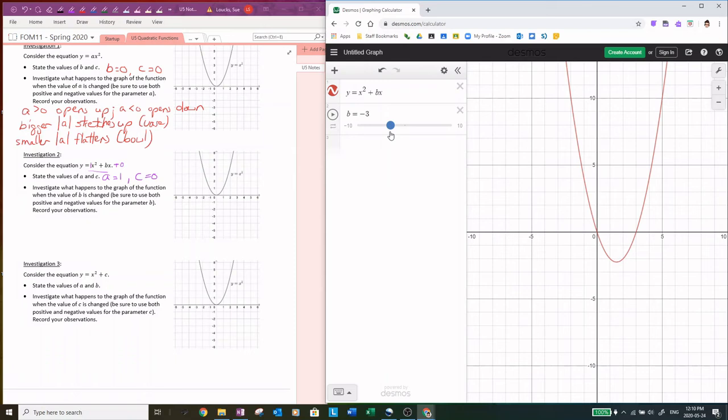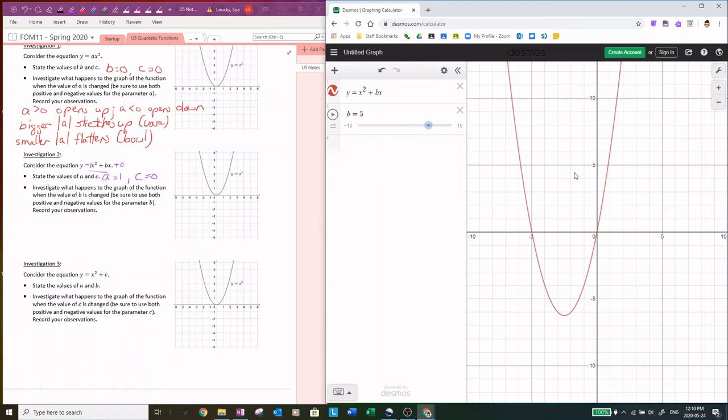And what we see, if we look at Desmos, is that the x-intercepts of the equation are 0 and -b. So if b is 3 in this one, our x-intercept is -3, and if we make b positive 3, the x-intercept is -3. If we make b 5, the x-intercept is -5.